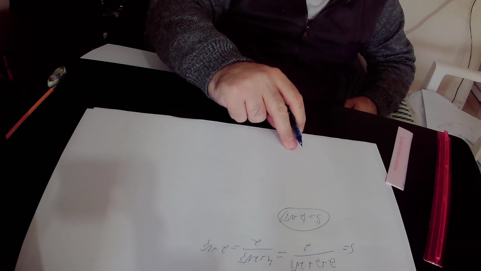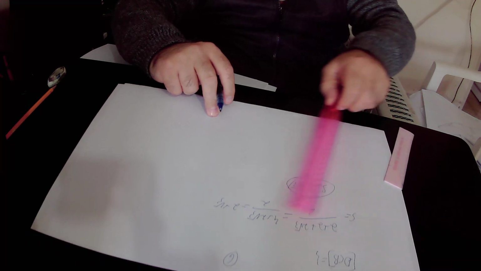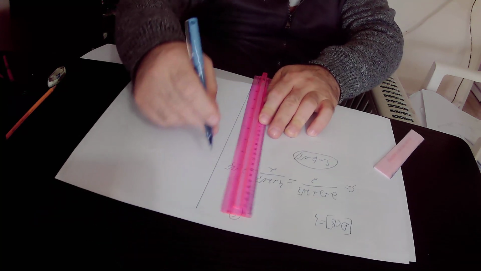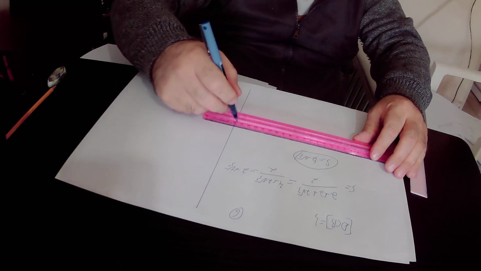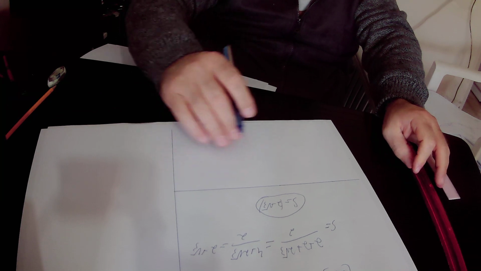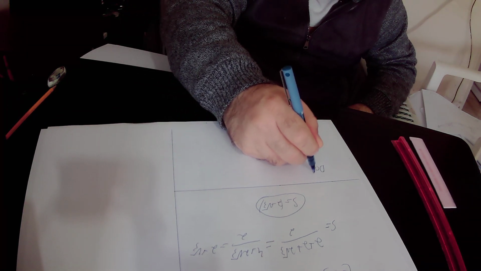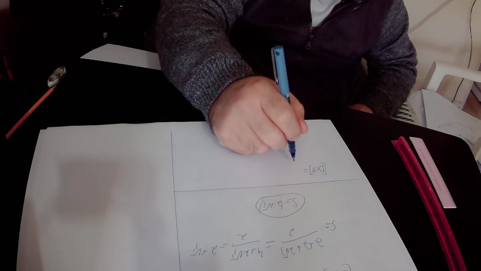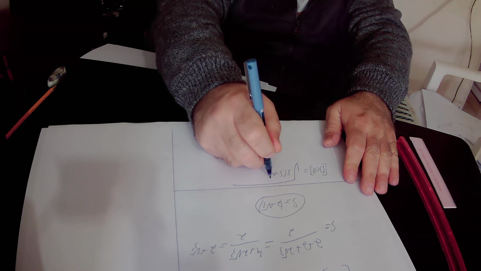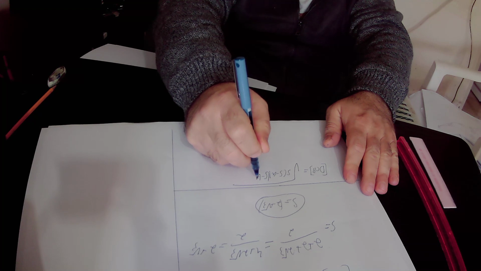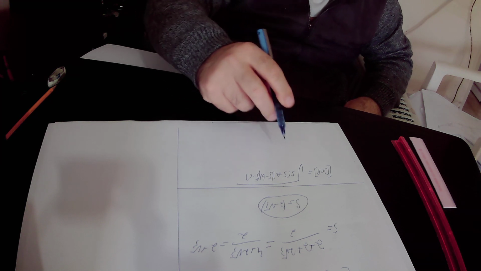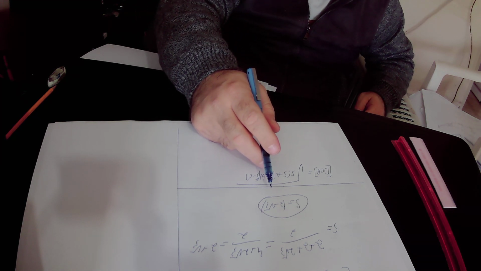And the area of triangle DCB will be equal to the square root of S times S minus A times S minus B times S minus C. S is the semi-perimeter that is actually 2 plus square root of 3 units.